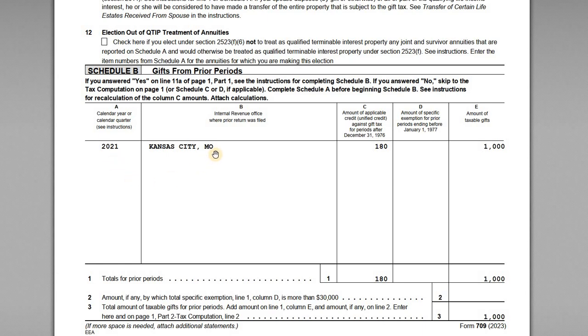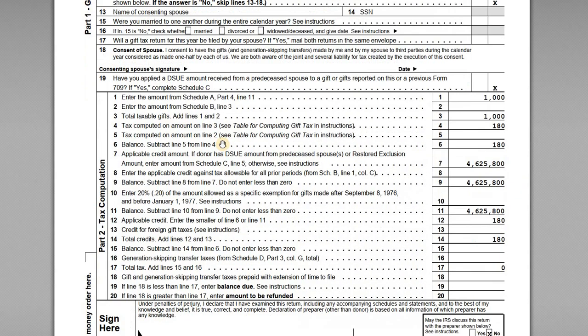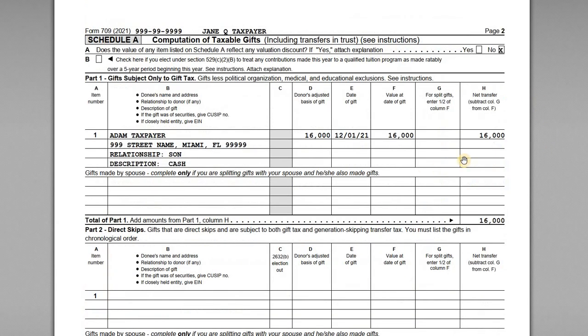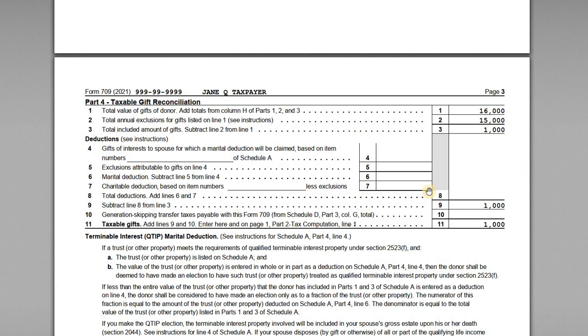Then the office of the IRS where you submitted the return, and in column E, the amount of taxable gifts from that year. If we have a look at the return, you can see here the taxable gifts from the current period are $1,000. This was the amount of the $16,000 over the $15,000 exclusion for the 2021 tax year.